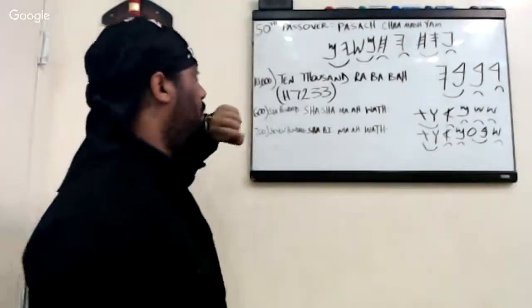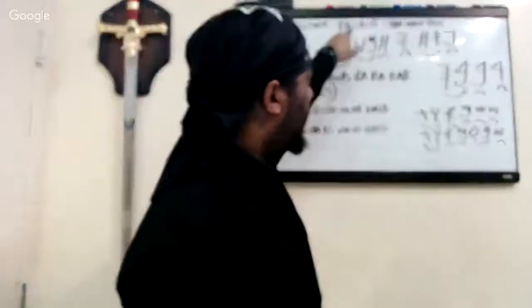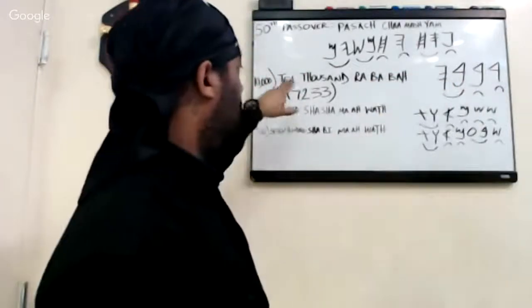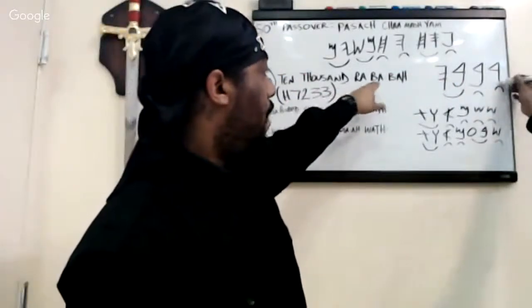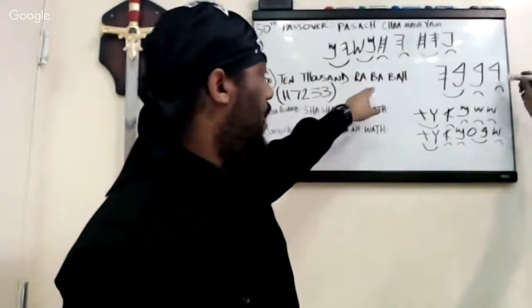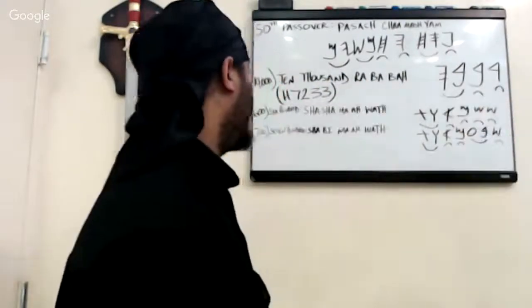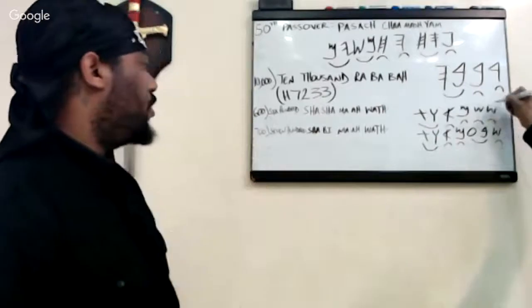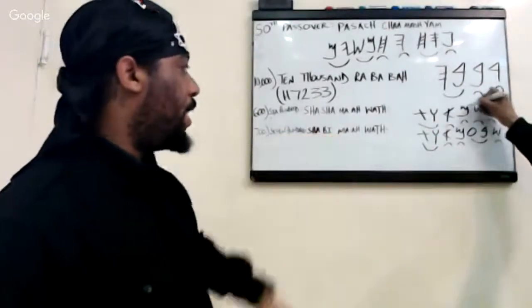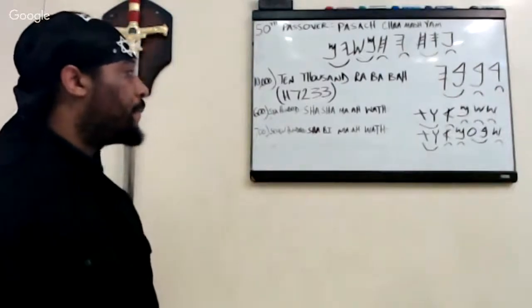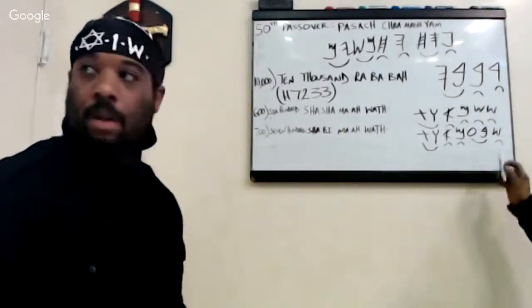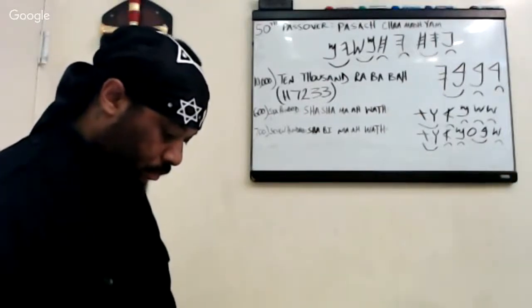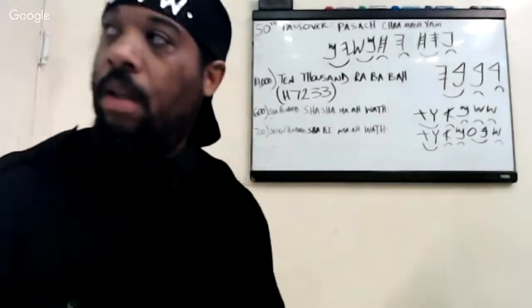So let's do the 50th Passover again. 50th Passover, Pasach HaChamash. 10,000 is Ra, Ba. 600, Shah, Ma'awa. 700, Shabai, Ma'awa. Good. Anything else?